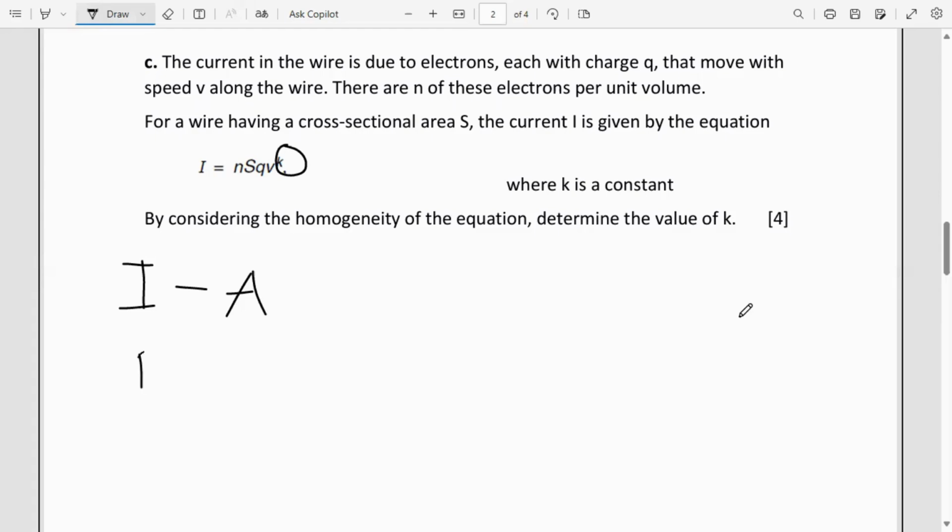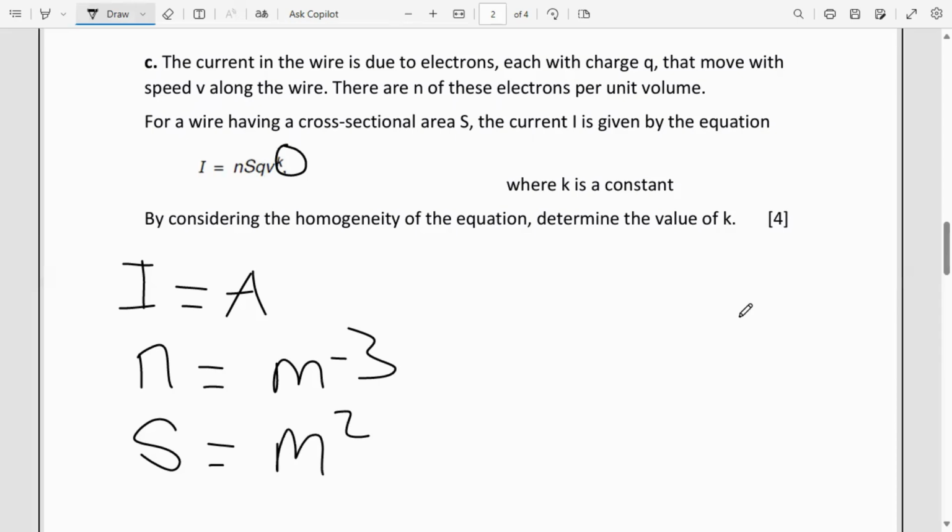Current is measured in ampere, represented by the symbol A. And we have N, which describes the electron density, so it will be expressed per cubic meter. S is the cross-sectional area, and area is given in meter squared, the SI unit for area.